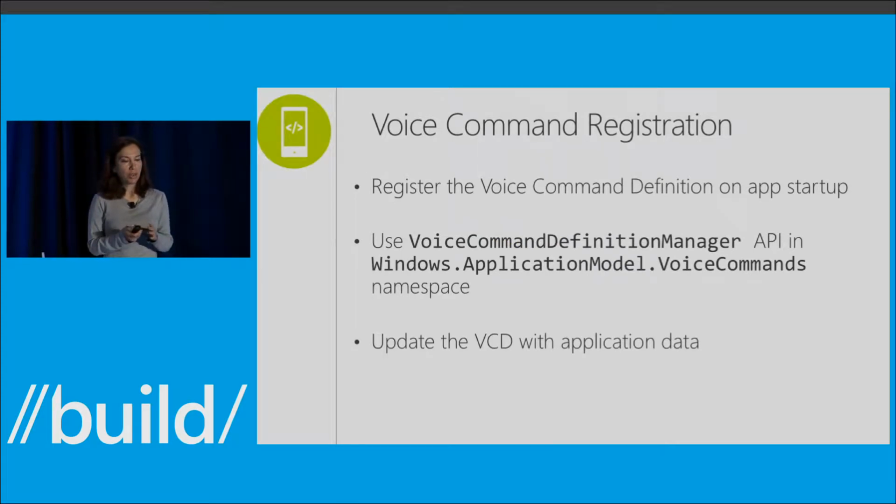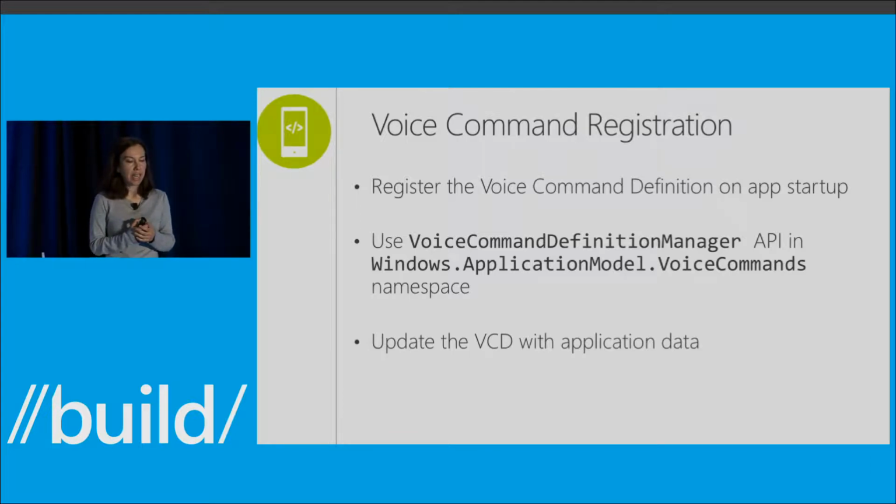Once you have the voice command definition XML, you have to register that with Cortana. To do so, you invoke the Voice Command Definition Manager API. This is part of the Windows Application Model Voice Commands namespace. This is a new namespace that we've added in Windows 10, which has the APIs required for Cortana integration.